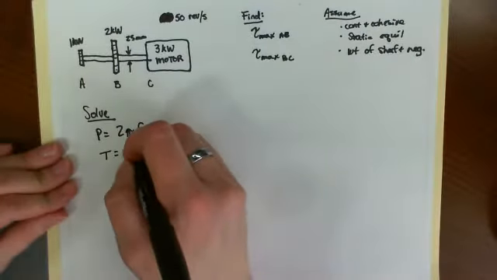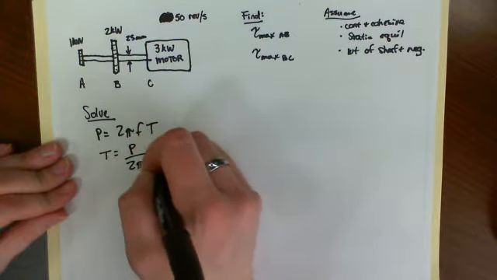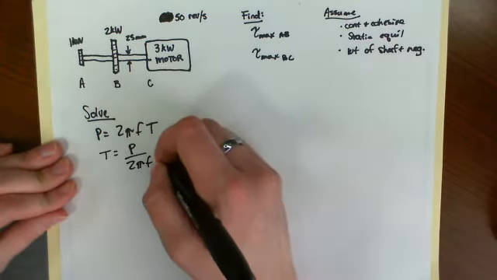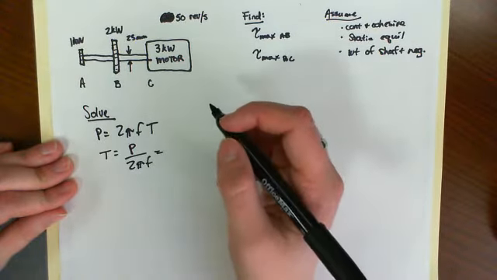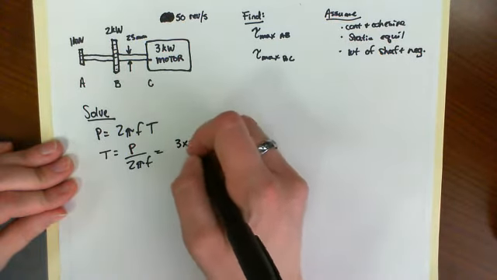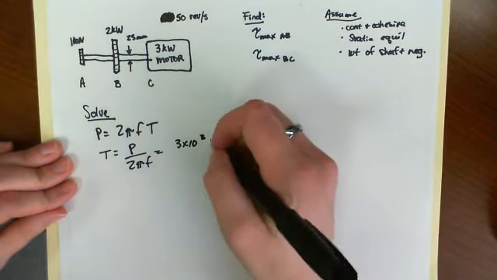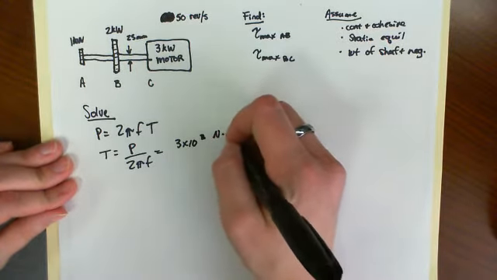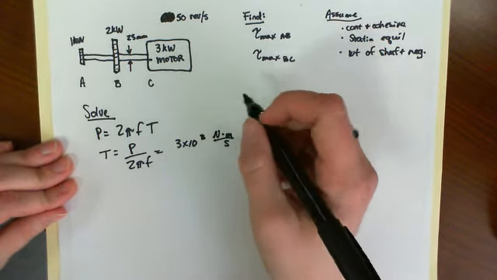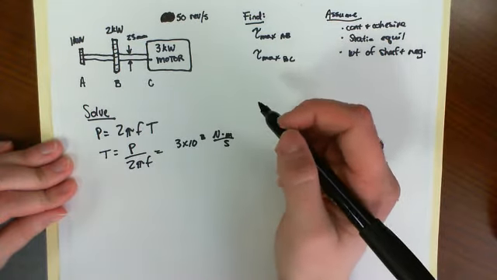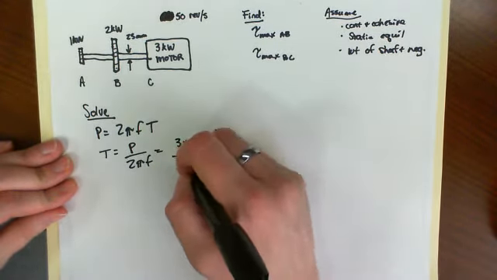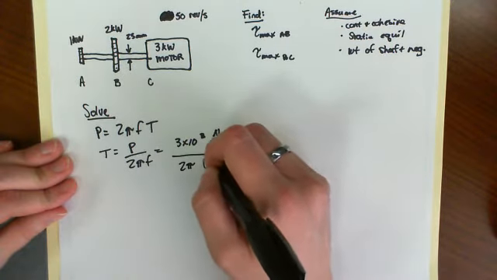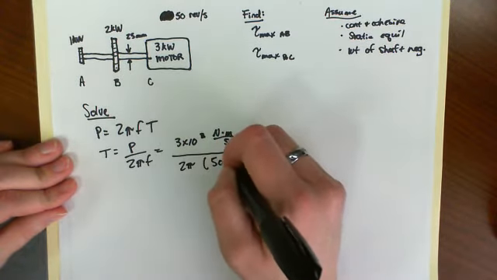Solving for t, we have power over 2 pi f. So at C, or what the motor is applying, we have 3 times 10 to the third Newton meters per second, which is a watt. We're going to divide that by 2 pi times 50 revolutions per second.